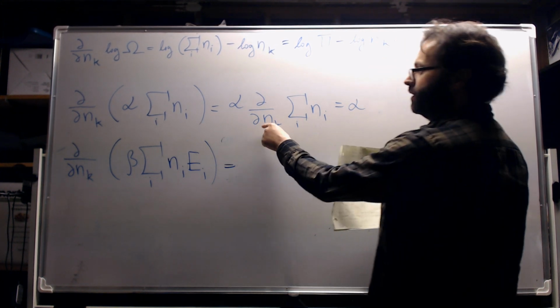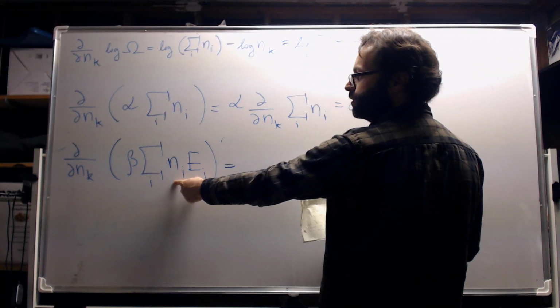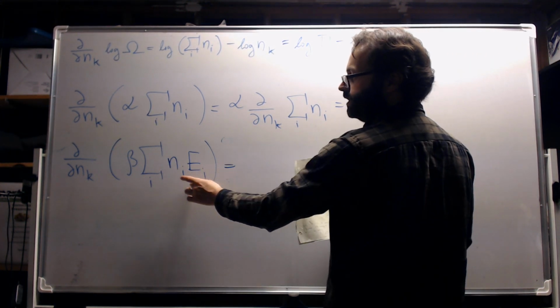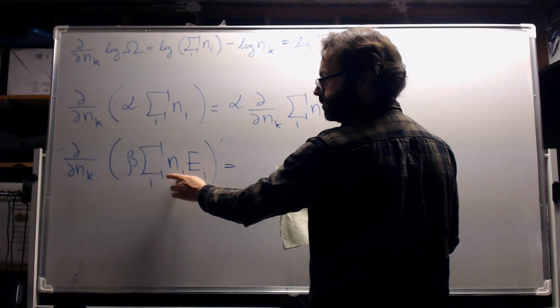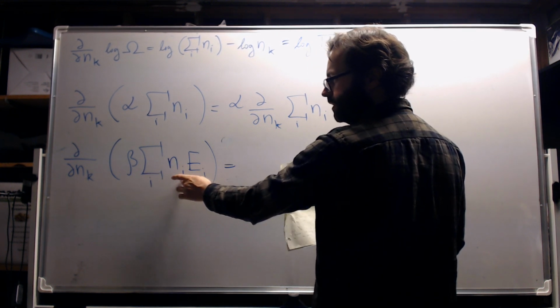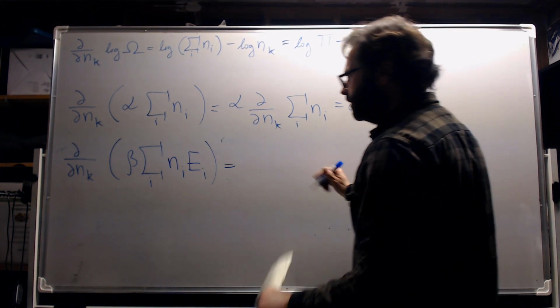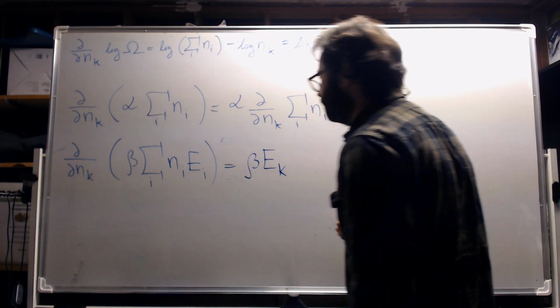When the d/dn_k goes past the constant beta into the sum and operates on it, it encounters the one term n_k times e_k. The derivative with respect to n_k is 1, but it's multiplied by the constant e_k. And so here the answer is going to be beta e_k.